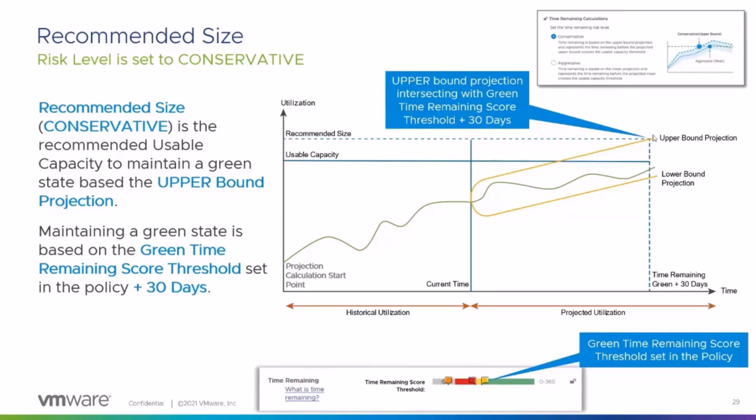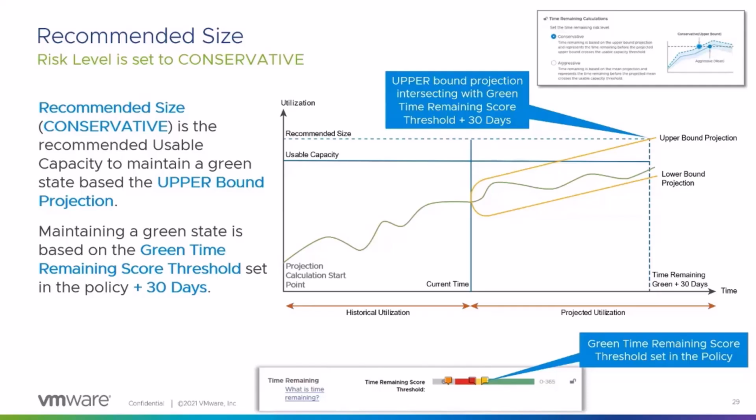We can see here this particular example has it happening at the end of that time range. It doesn't have to be at the end, but this one has it at the end. So that would be my recommended size. I've projected out the utilization to the future, and that's where it intersects, and that is what is recommended for the virtual machine.